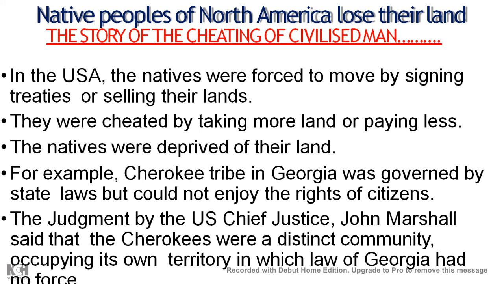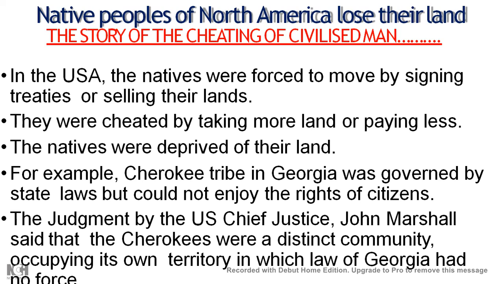For example, now I'm giving the example of the Cherokee. The Cherokee were tribal people in Georgia, governed by the state laws but could not enjoy the rights of citizens. The judgment by the US Chief Justice John Marshall was an important judgment.